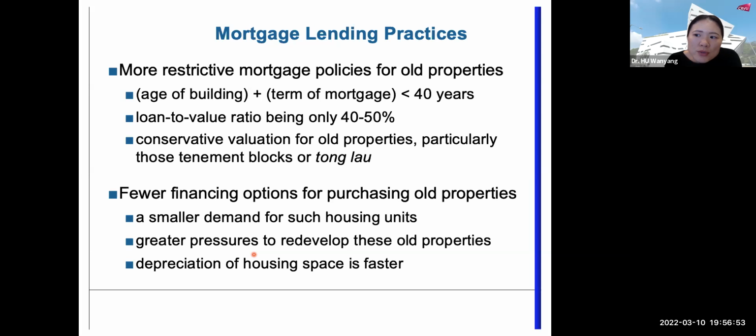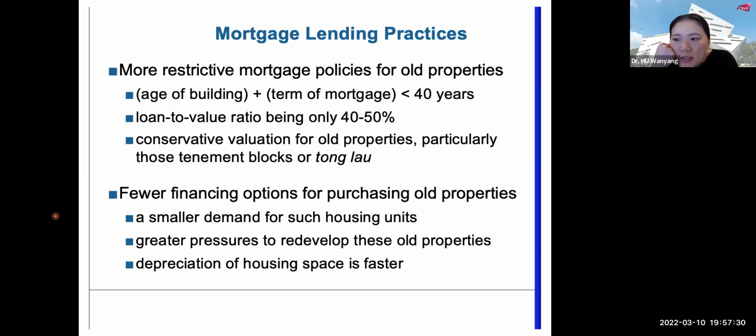So this will put greater pressure to redevelop these old properties, because even if you redevelop, you do some upgrading, still the demand will be very low, right? So actually, because of the small demand, it leads to a greater pressure to redevelop the older properties because of the limited financing options.